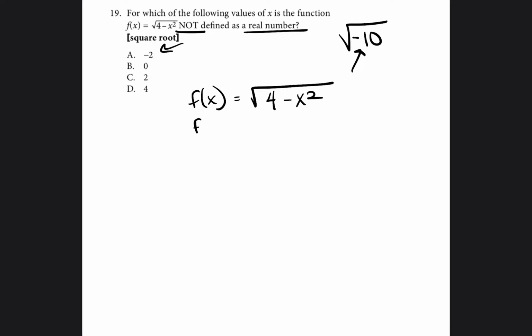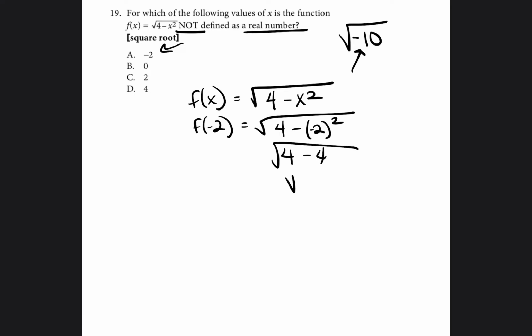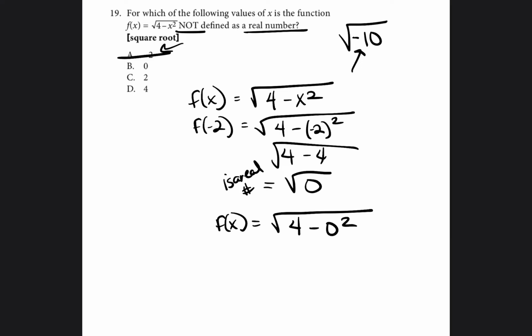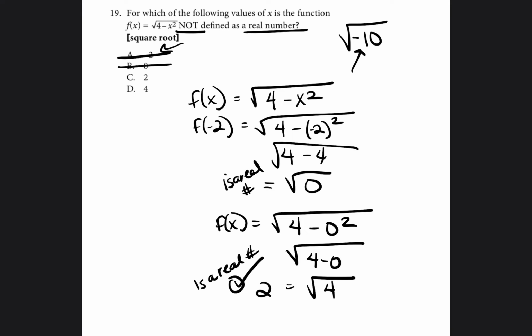So I'm just going to plug this in. Square root of 4 is a real number, so it's not A. And that is a real number, so it's not B. I'm going to plug in C. So that's 4 minus 4, 0.